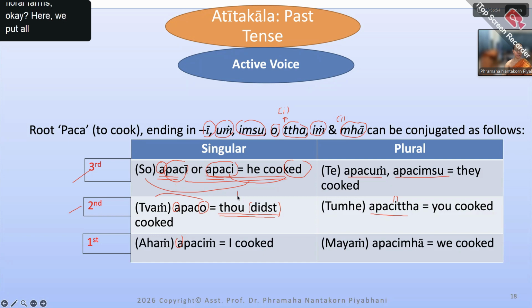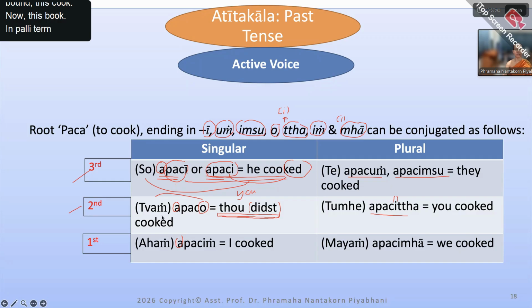If we put all you here, this one also you, singular you, plural you, this you in translation may make the learner, the reader confused. Which you belongs to singular, which you belongs to plural? So in the translation, it must be this one: dost thou cook, or you cook.